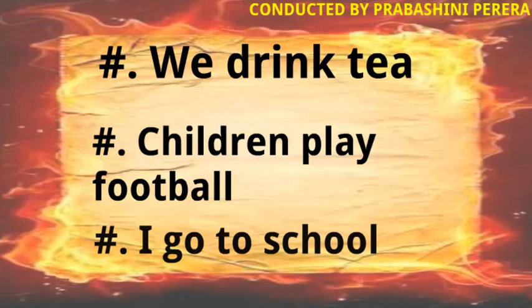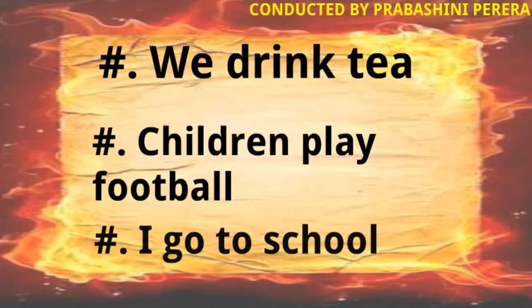See these examples. First one, we drink tea. We is the plural subject. Drink is the verb. So no need to add s, es or ies to the verb. Second one, children play football. Children is the plural subject. Play is the verb.